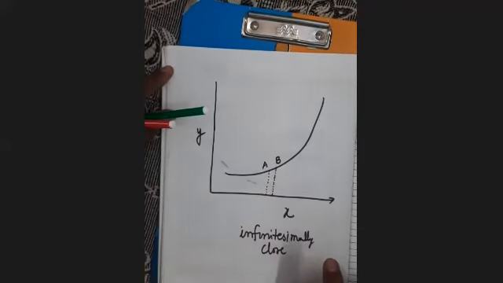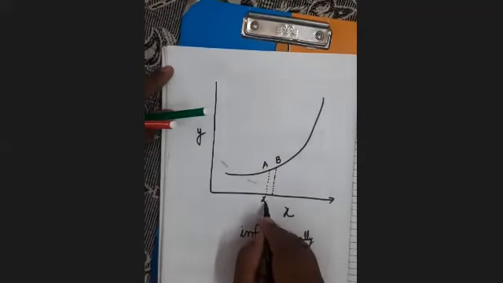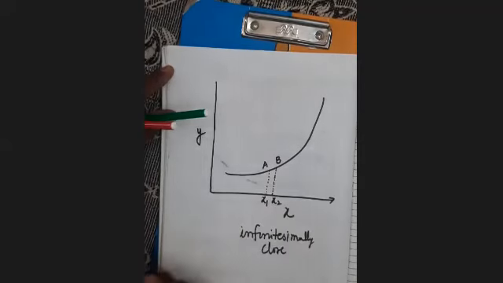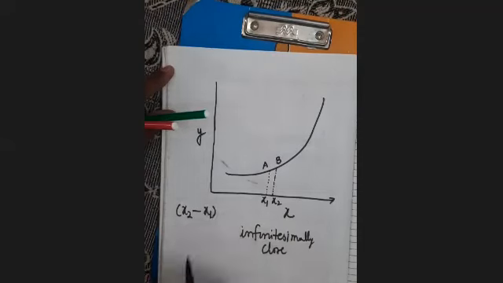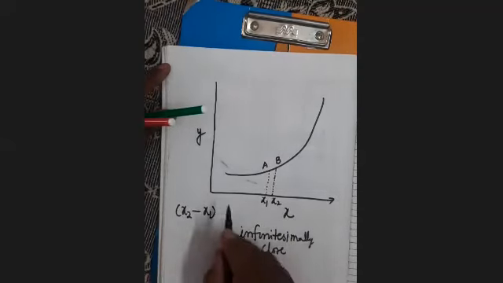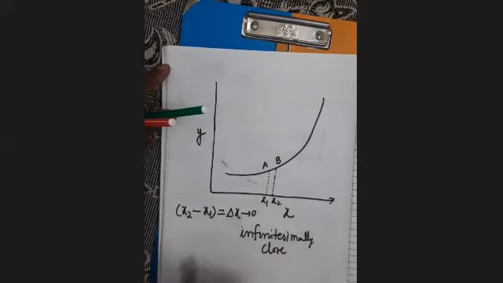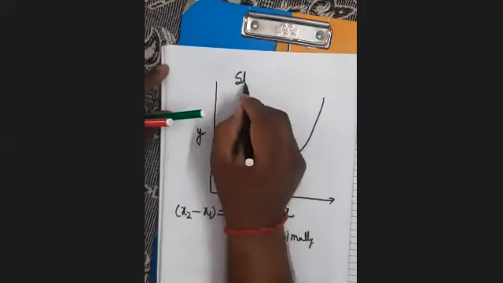It is clear? In that case, what will be the difference of x1 and x2? x2 minus x1 will be approximately how much? Sir, it will tend to 0. It is clear.